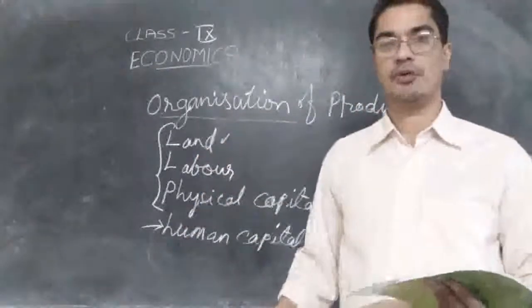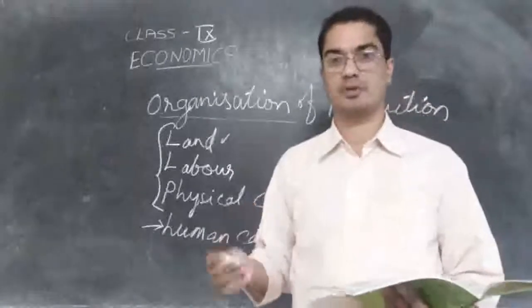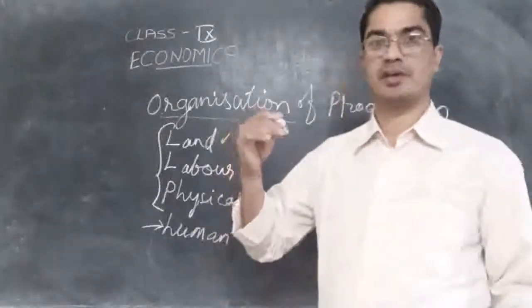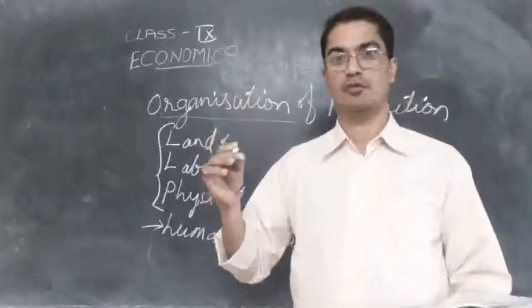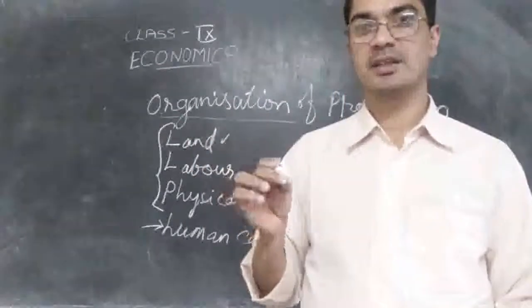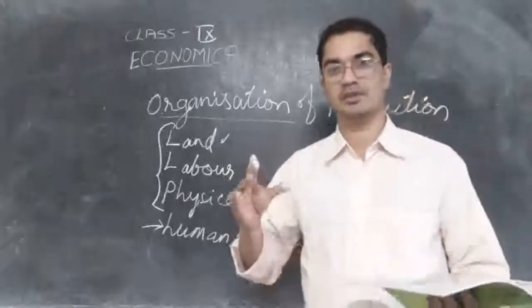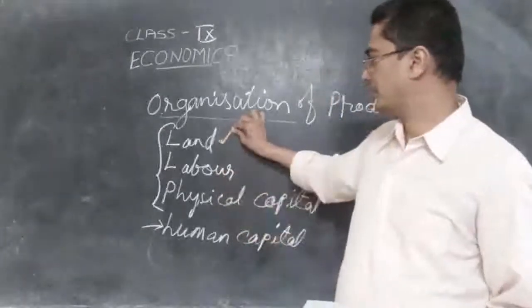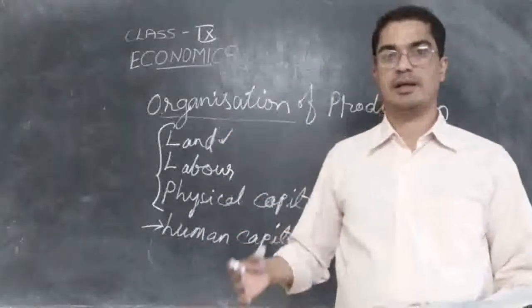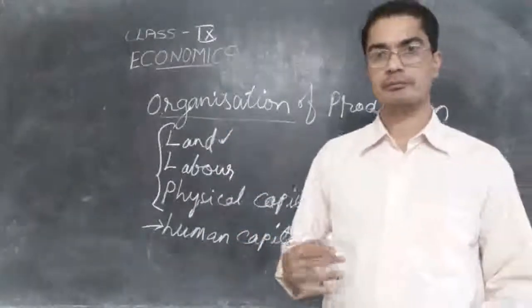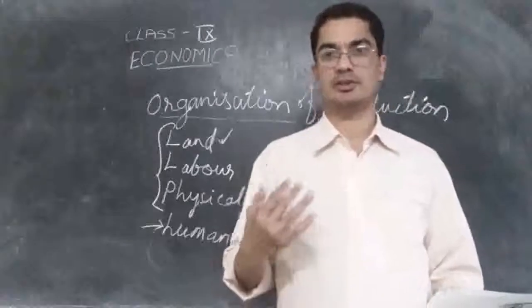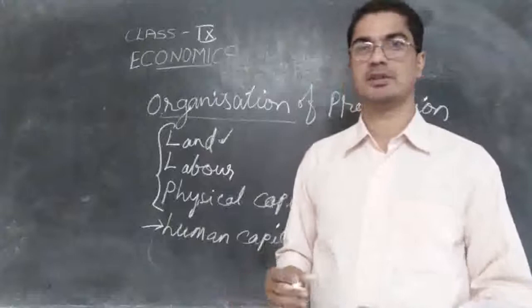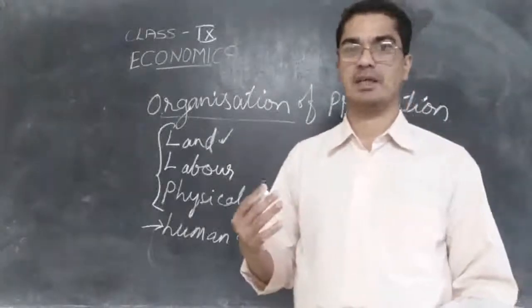For example, we want to start a factory. We need land in order to set up the factory. We cannot set up the factory in the air, isn't it? We need land in order to set up the factory, the building. In the factory a lot of water is required in order to produce something, and they need a lot of minerals to use as raw material.